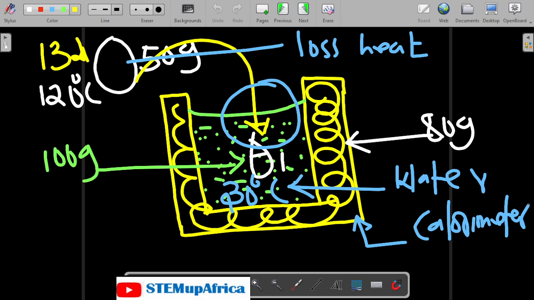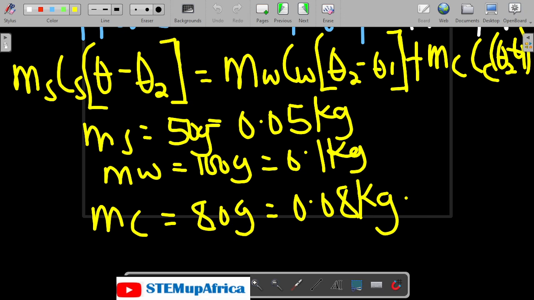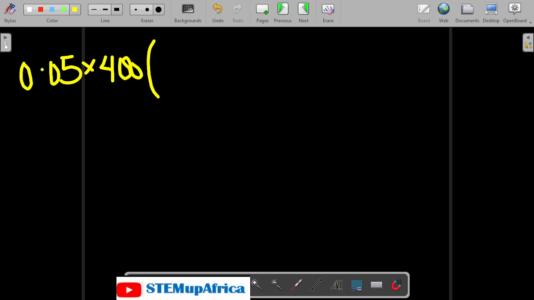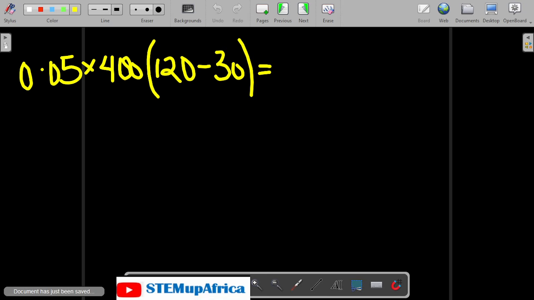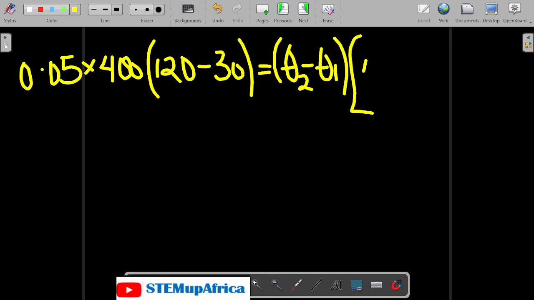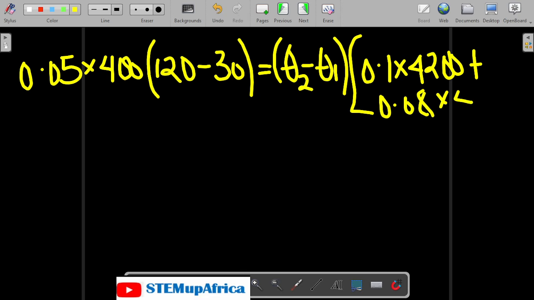So I substitute into the formula: 0.05 times 400, the specific heat capacity of copper, times theta, 120 minus 30, is equal to, if I factorize theta 2 minus theta 1 from the right hand side as a common factor: mass of water 0.1 times specific heat capacity of water 4200, plus mass of calorimeter 0.08 times 400.